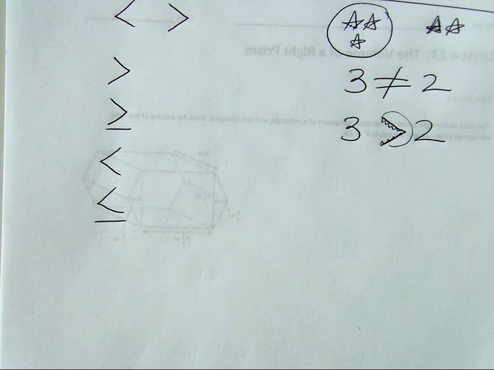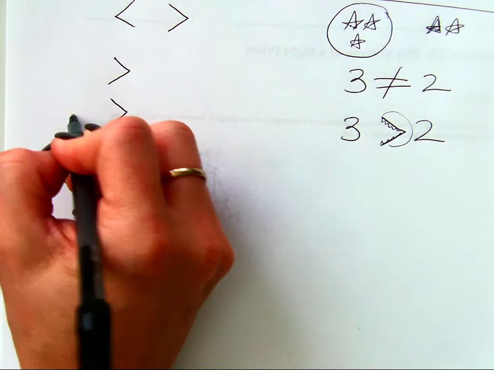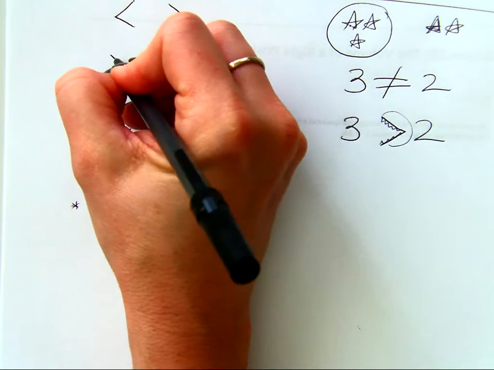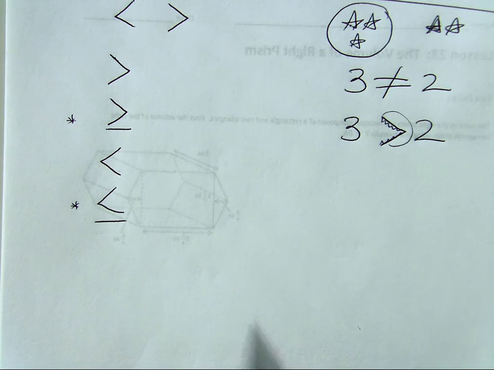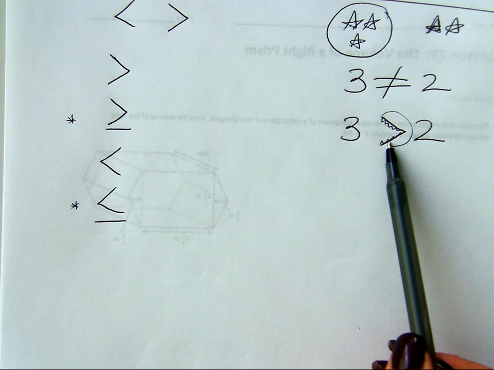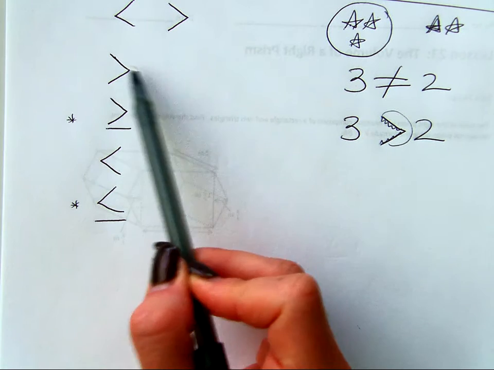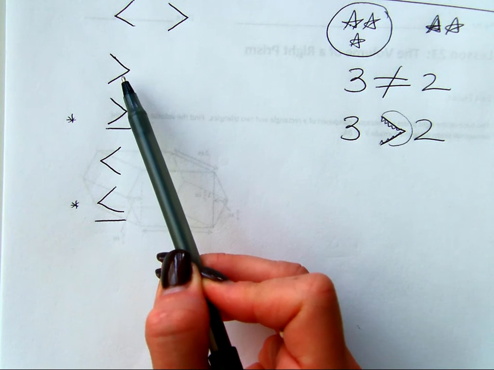So there are really 4 symbols that we are going to work with this year in 8th grade algebra. And these ones may or may not be new to you. And here's the other tricky part to think about. When you're looking at this symbol, it's easy to say what this symbol is when you see the numbers. But when there's no numbers, there's still a certain way that you have to say that.